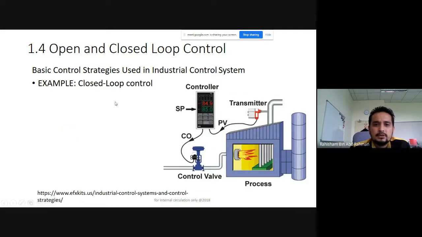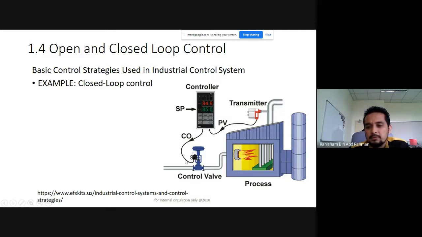And example, closed loop control. Okay, we can see here, we have a burner, a process to heat up the steel, for example. And then we have a transmitter here. We know the gas emission transmitter, what is the temperature and the CO2.